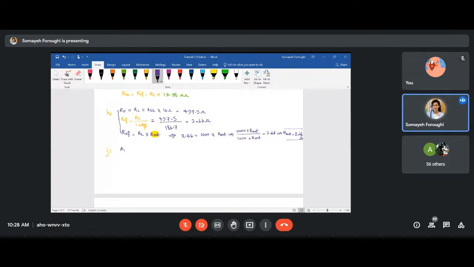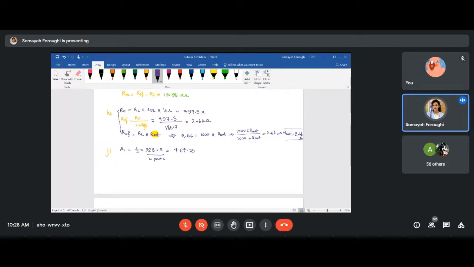So let's assume that A1 will become half of its initial value, which was 928.5, and then A will become 464.25. And this is what we found in part B.